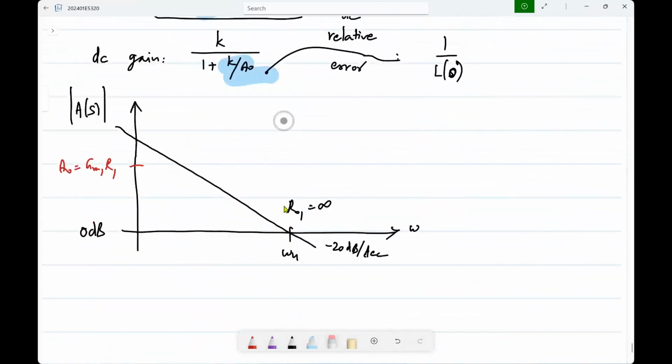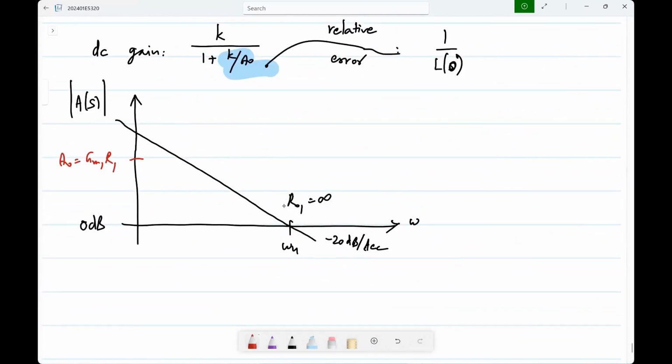Okay. So this part will be the same, and you will have that. Okay. And this breakpoint is P1, which is omega u by A naught. And this makes sense, right?